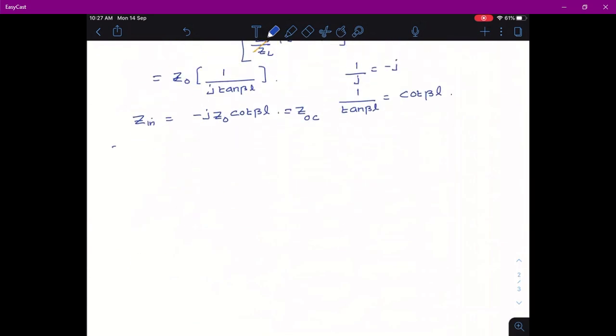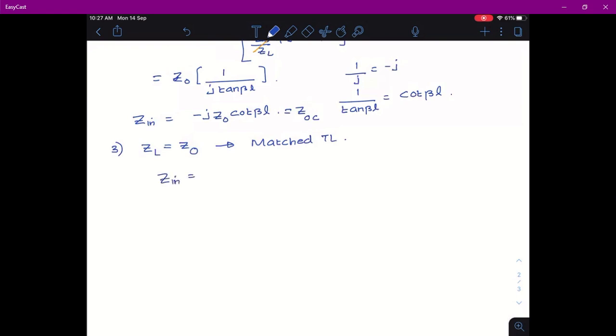Let us take another condition in which the output load impedance is equal to the characteristic impedance of the line. Okay. So, this is called a matched transmission line. We will see why it is called matched. Fine. Now, let us substitute in the equation.